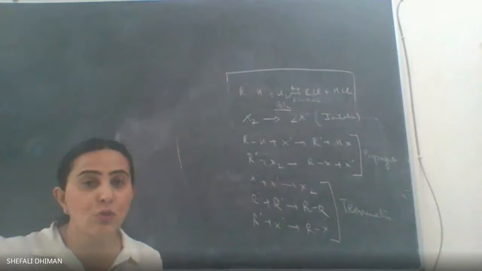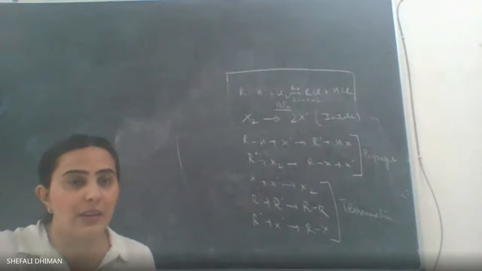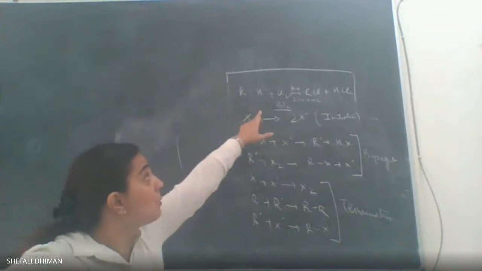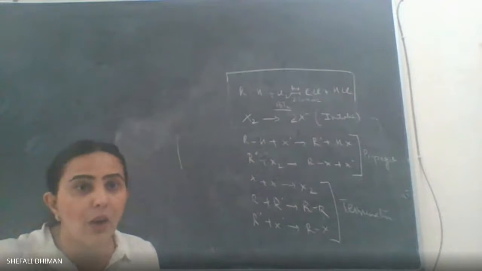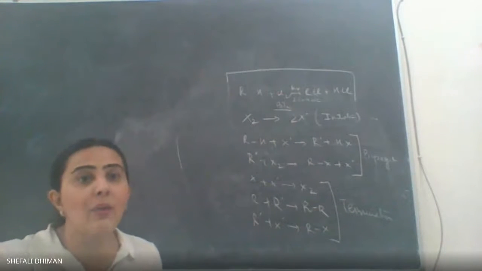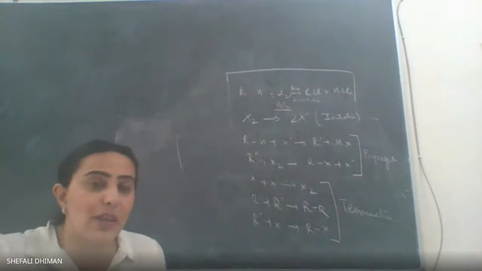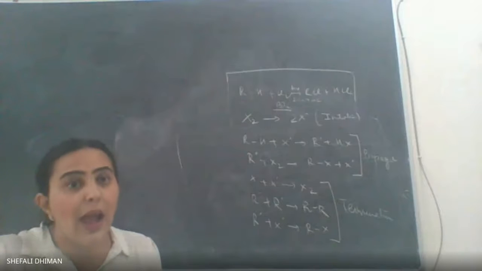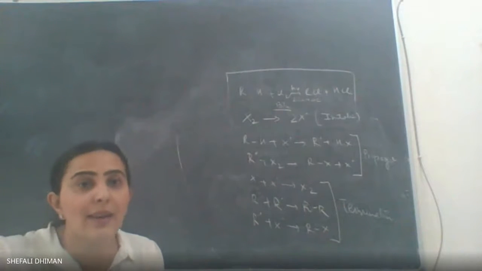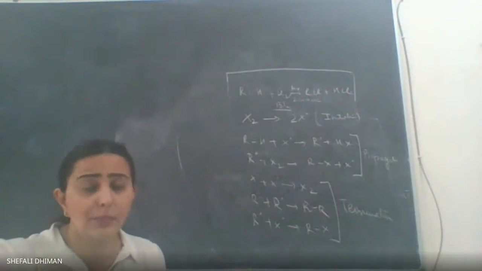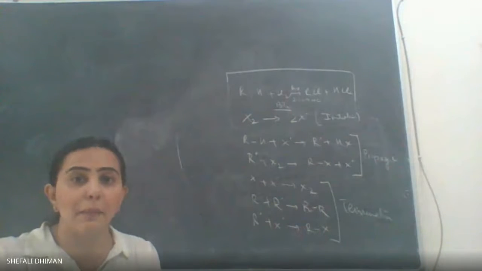When I'm choosing reactivity over selectivity, I would be using halogens like chlorine or fluorine. But when I want selectivity, I would be using bromine and iodine because I know they are more selective and would give me the required substitution products. I hope it is clear by now.